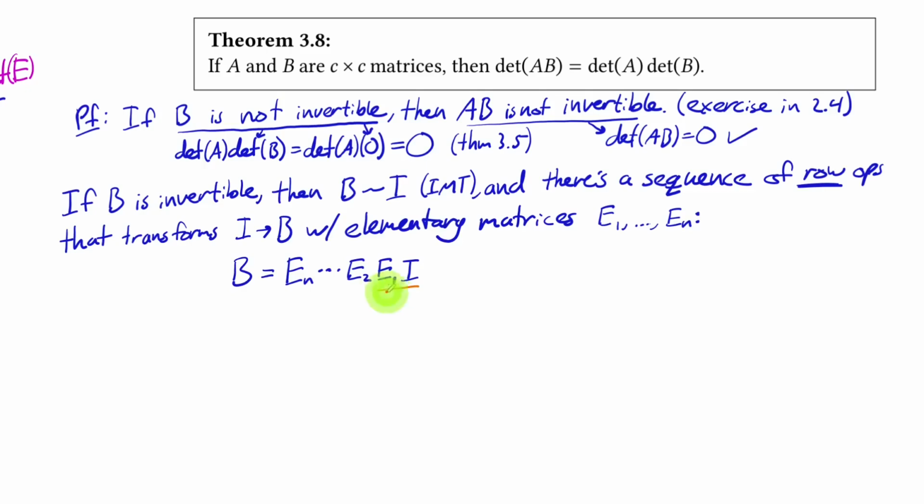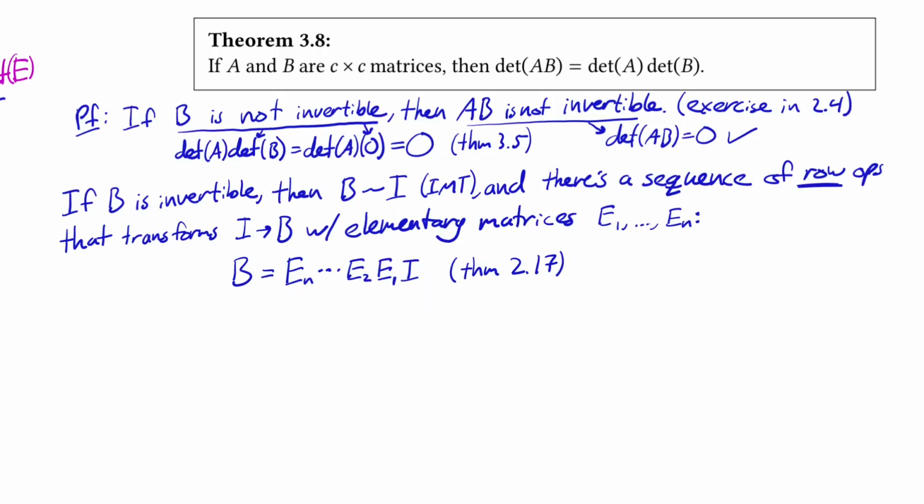And we know that multiplying on the left of the identity like this does that row operation to the identity. This is theorem 2.17 that says that. And multiplying on the left of that does the next row operation, and so on until you have transformed I all the way back into B.